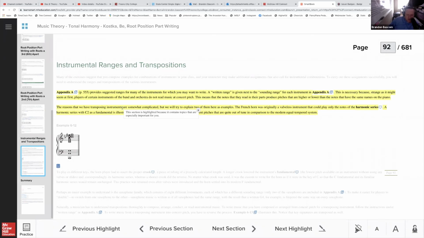So if a French horn player sees a C, they play an F. Is that true? Nico's nodding his head, so I know that it's true. And then the other one is, to hear its key, you must write a C. So it's just the same thing both ways. Cool. Questions, comments, concerns on chapter 6.